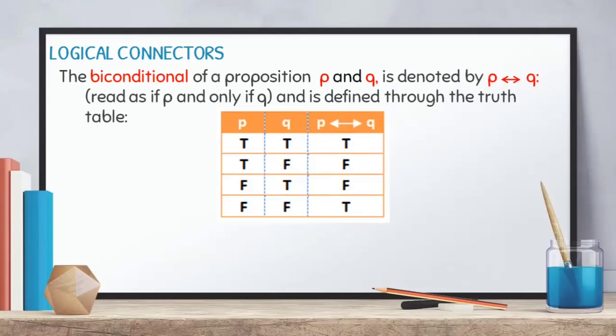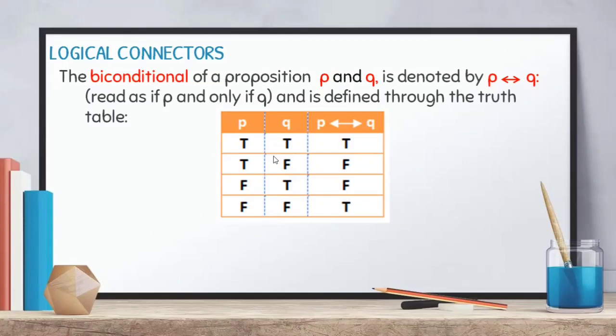The biconditional of propositions P and Q is denoted by this symbol, so we have two arrowheads pointing to P and Q. That is read as "P if and only if Q," and is defined through our truth table. If both of the propositions P and Q are false, then our P if and only if Q is also true, right?